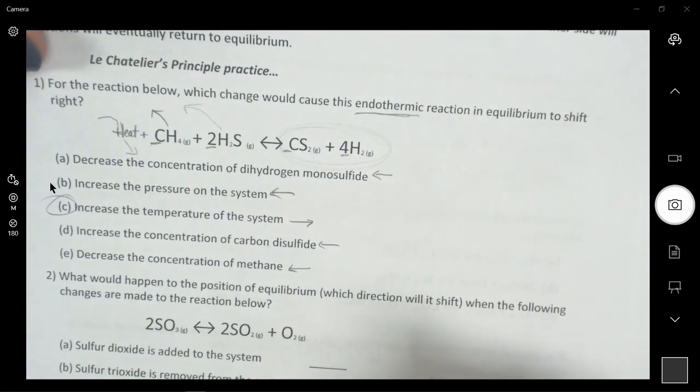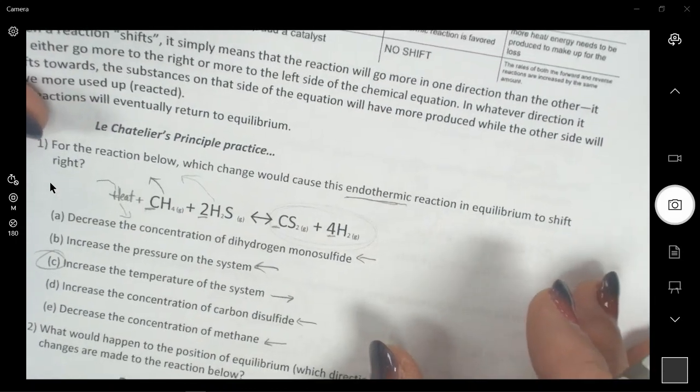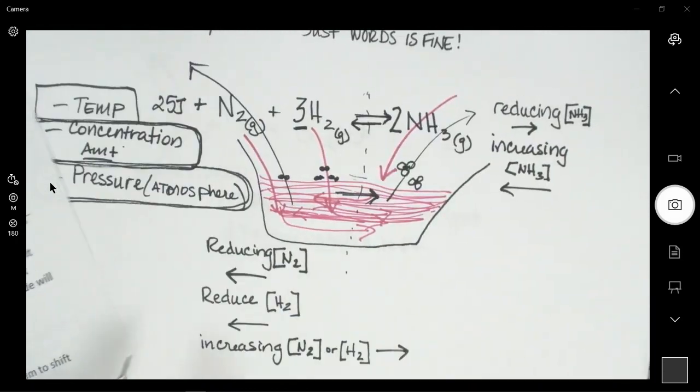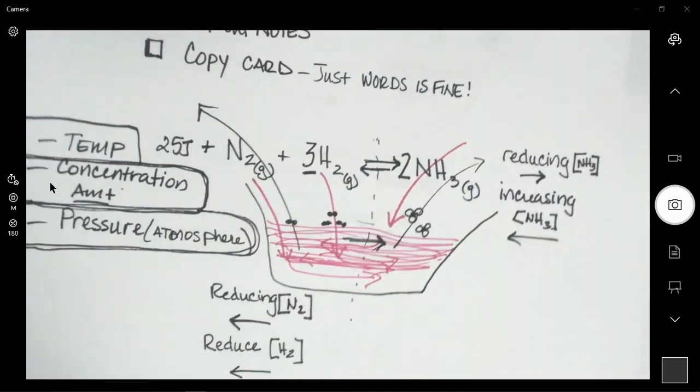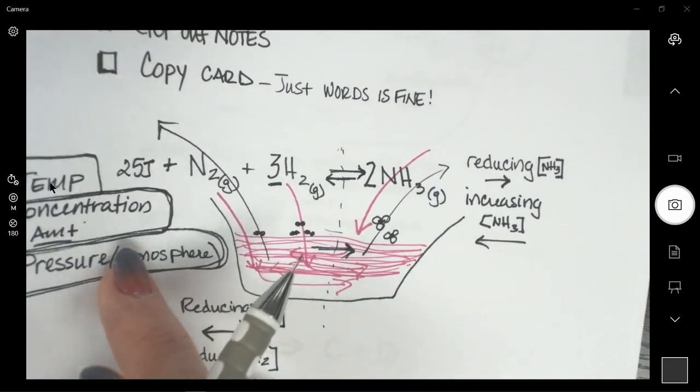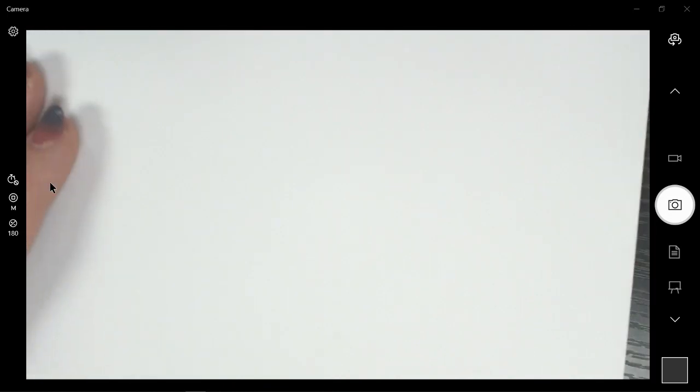But before you start that, I need you to get out all of your Unit 6 worksheets.